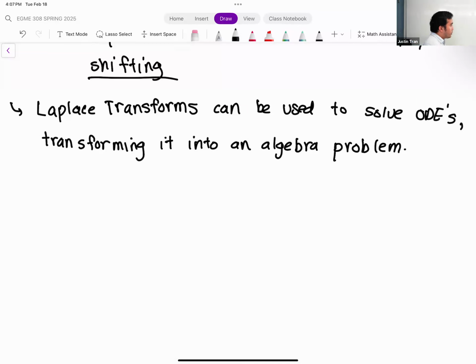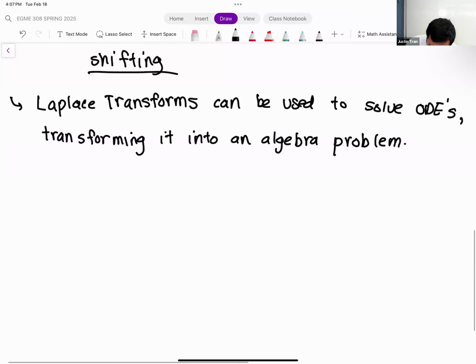So the typical game plan, or the typical strategy, for solving an ODE with Laplace transform follows this methodology. Step one is to take your ordinary differential equation and take the Laplace transform of the entire equation.